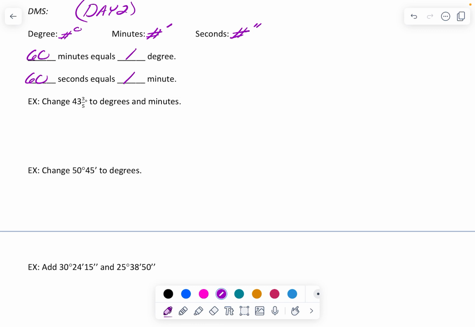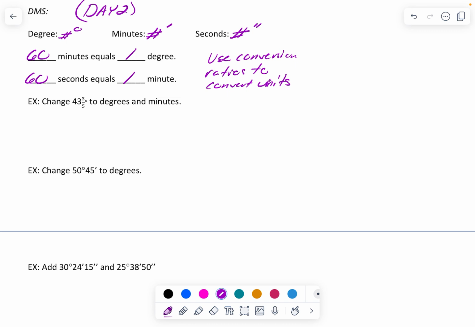Now, in order to go from one to another, we are going to use these conversions. Let's call them conversion ratios. We're going to use ratios to convert units, because we can go from one way to the other.